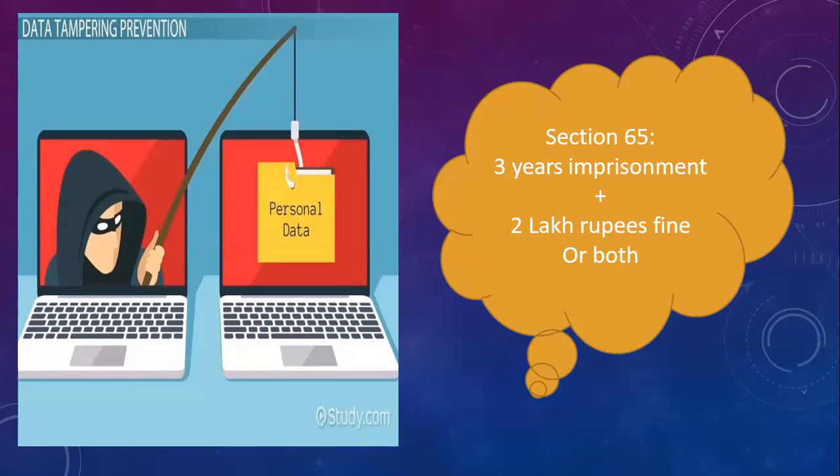Anybody who breaches this act commits an offense punishable under section 65, for which the penalty is 3 years imprisonment, or a fine of 2 lakh rupees, or both, right? So you can have 3 years imprisonment or 2 lakh rupees of fine, or it can be both.